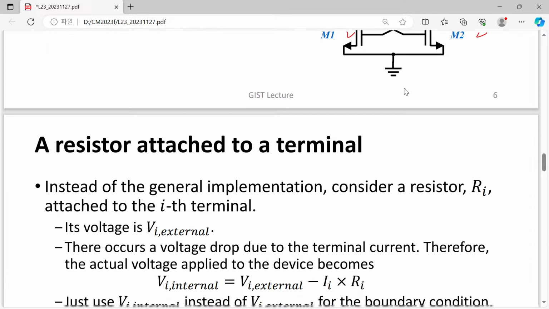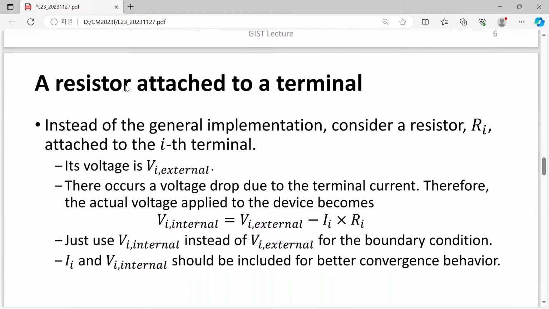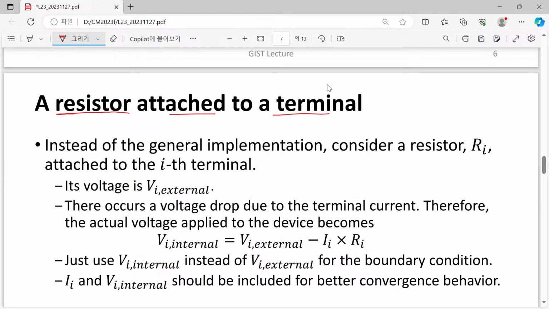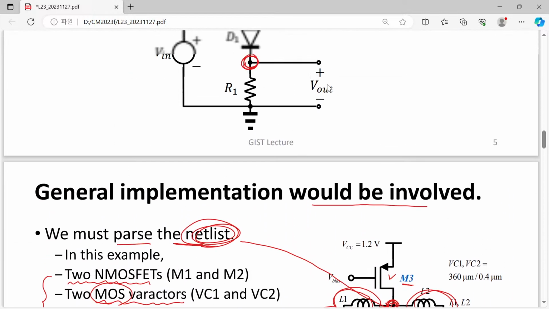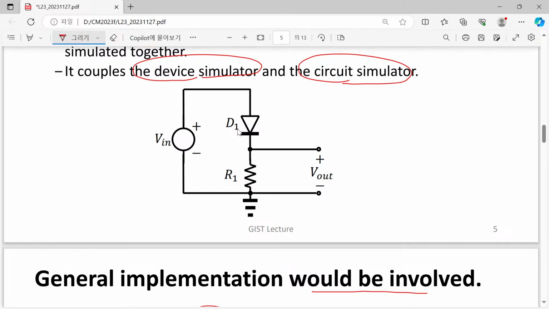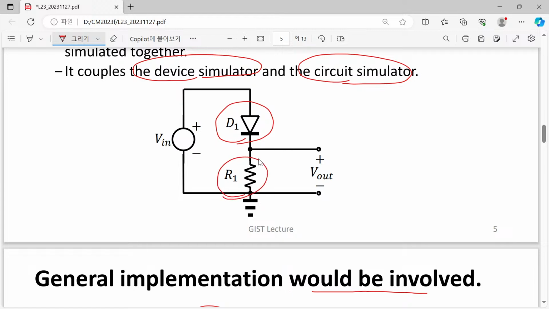So in this course, we will consider a really simple case: a resistor is attached to a terminal. Where can you find this? Yes, for example, you can consider this system as just a diode where a resistor is attached to its cathode. Then how about the anode?